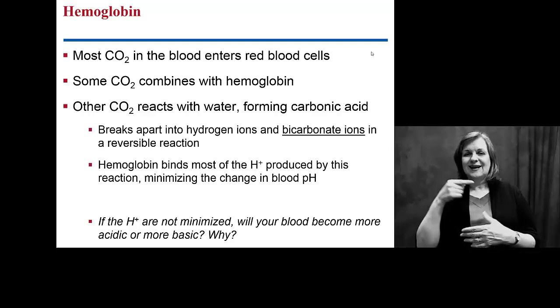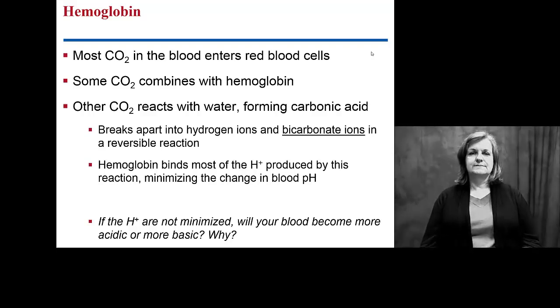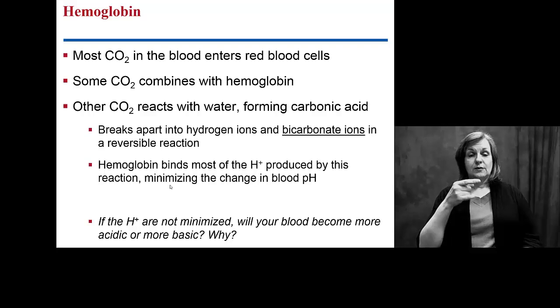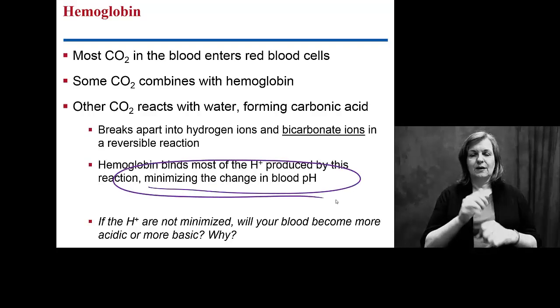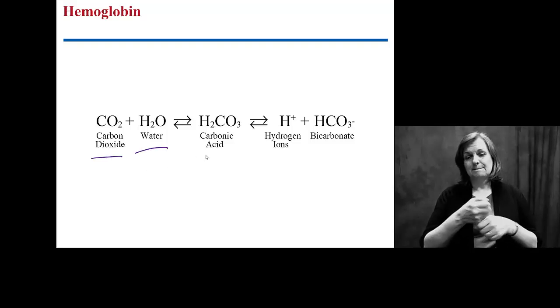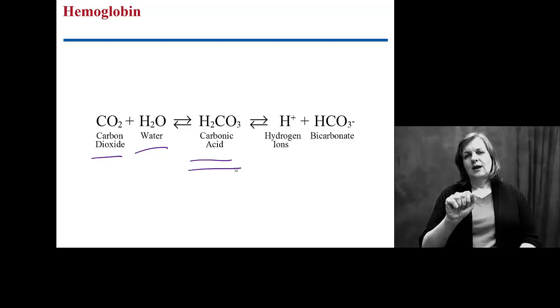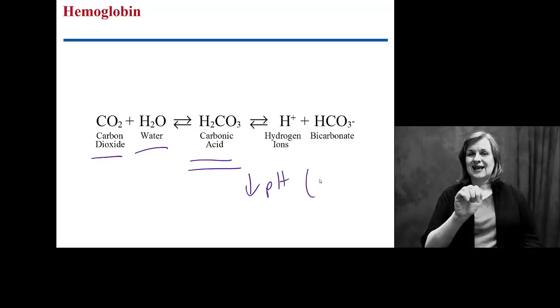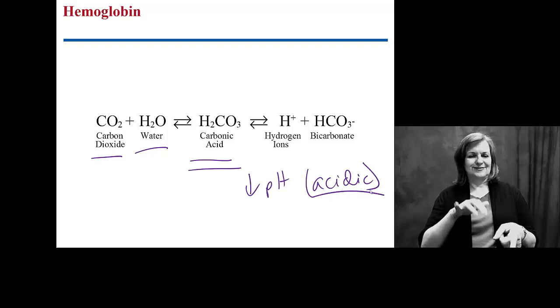We will look at this more later, but this is where we target whether or not you breathe, because this is what changes your blood pH. If you have high levels of carbon dioxide in water, you make carbonic acid. Carbonic acid is what decreases the pH or makes it more acidic in your bloodstream.